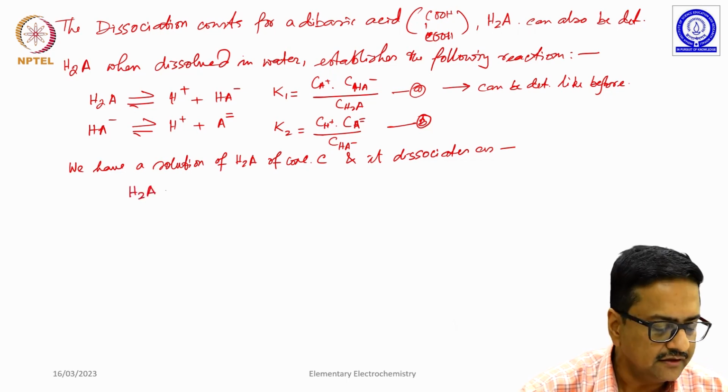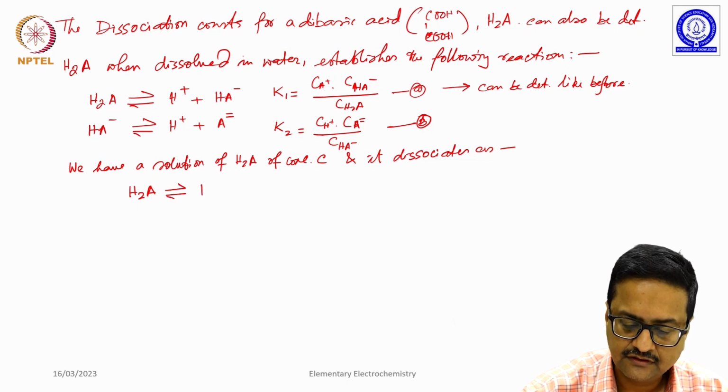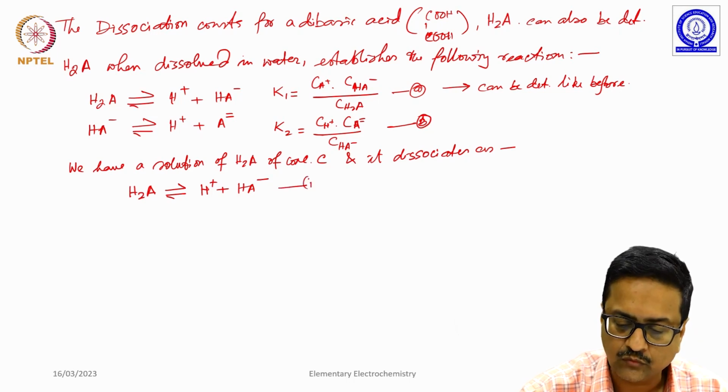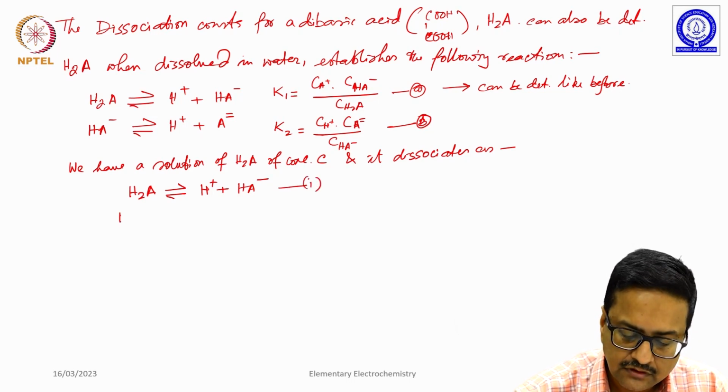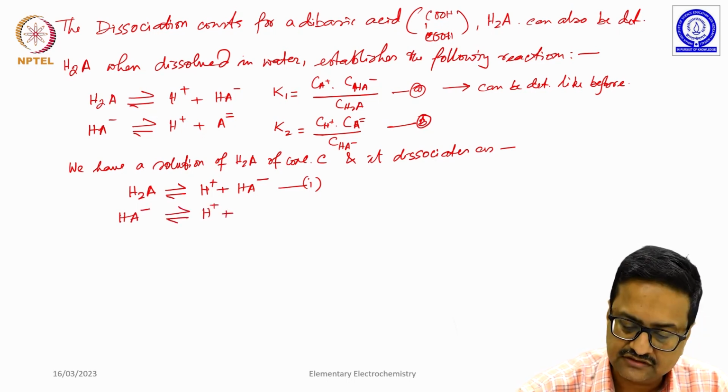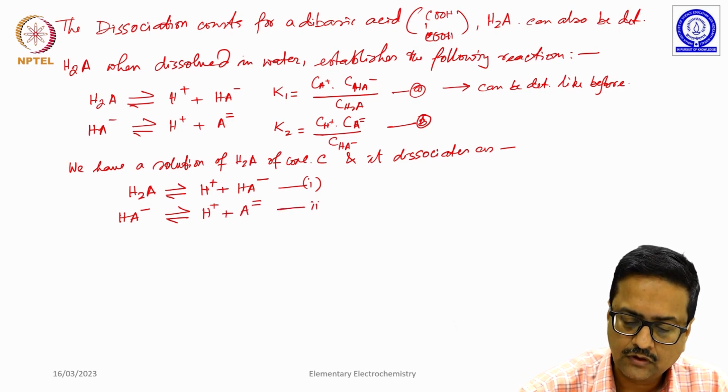H2A dissociates as H plus HA minus, equation 1. HA minus further dissociates as H plus A double minus, equation 2.